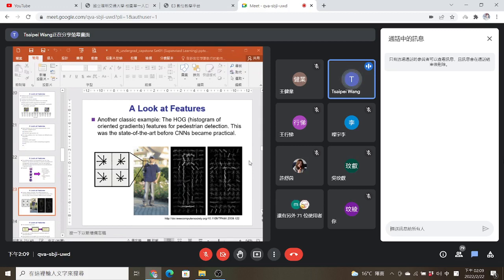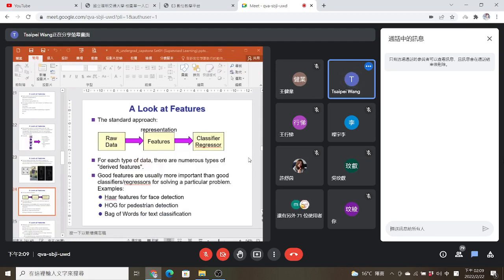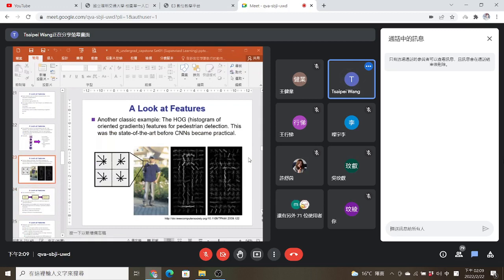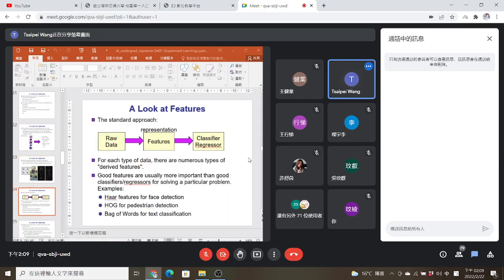So features have been the bottleneck in the development. People tried to design better and better features over the years. So this is the standard approach. You have the raw data, and if the raw data has too many values, like image pixels, you try to derive or design features, so you extract more informative but fewer values from your raw data.